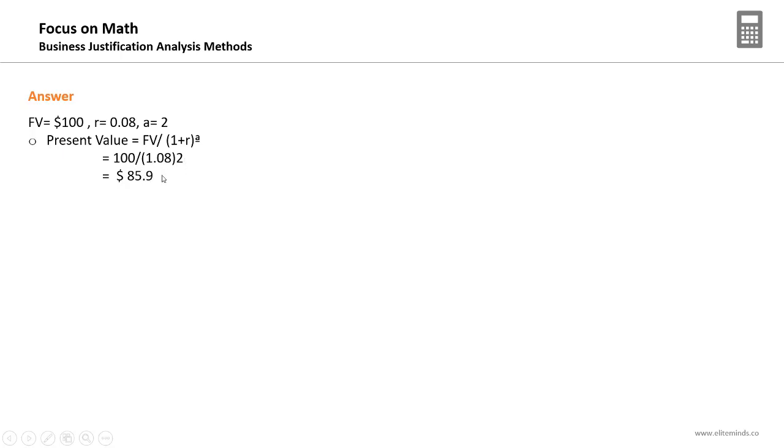So the present value of $100 after 2 years is $86, or $85.9. So there is a difference between the present value today and the $100 itself after 2 years. This is the present value.